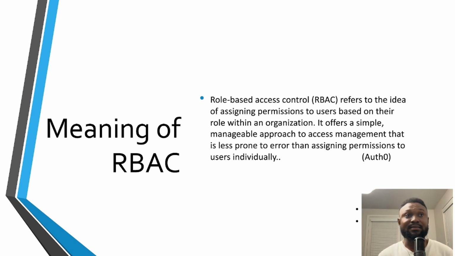So you can specify that you want the HR people to have access to this and that, let's say A, B, C, D. You can also limit their permissions so that they cannot get access to certain resources in the organization. So that's what it means: assigning permissions to users based on their role within an organization.